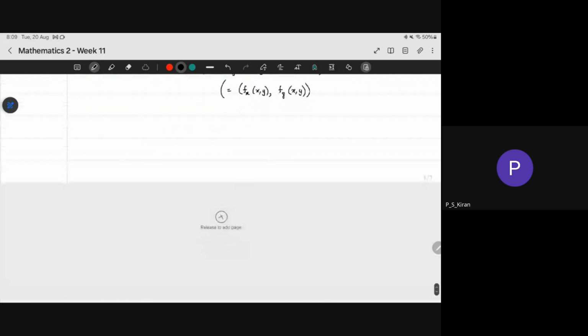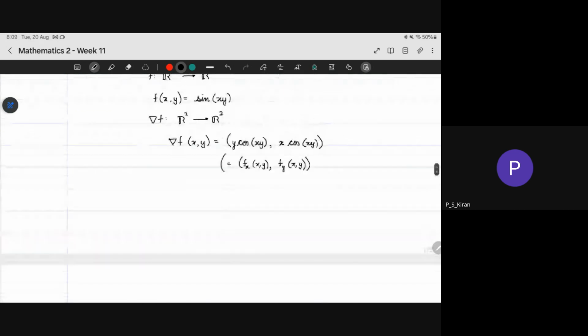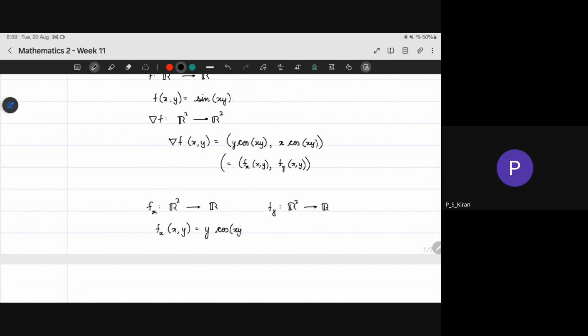Now, this is a vector valued function, but its components are again multivariable scalar valued functions, right? We have these two guys. In this particular case, f_x of xy is y cos xy and f_y of xy is x cos xy.